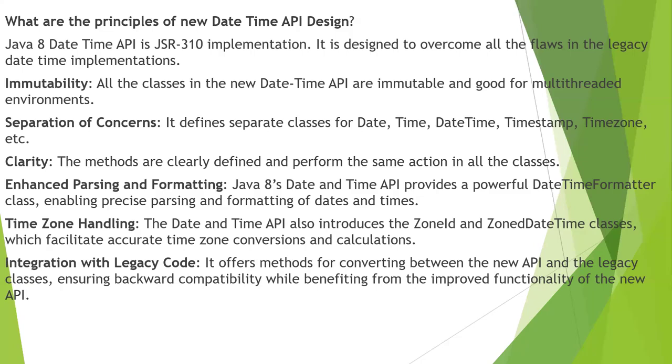So, for each and every functionality, we have different classes created, and each class will have similar kinds of methods so that there will not be any confusion or ambiguity. Okay, so that is the next point, clarity. These methods are clearly defined and perform the same actions across all the classes.